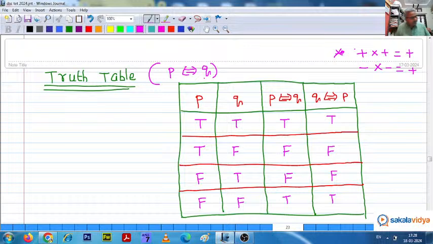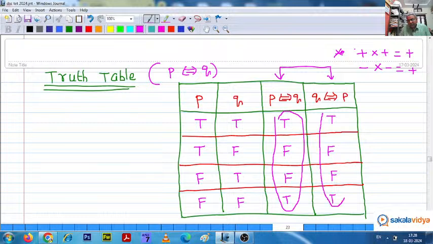I hope it is very clear to you. Moreover, if you observe the truth values of P if Q and Q if P, both compound statements have the same truth values. That's why we can remember two important points.